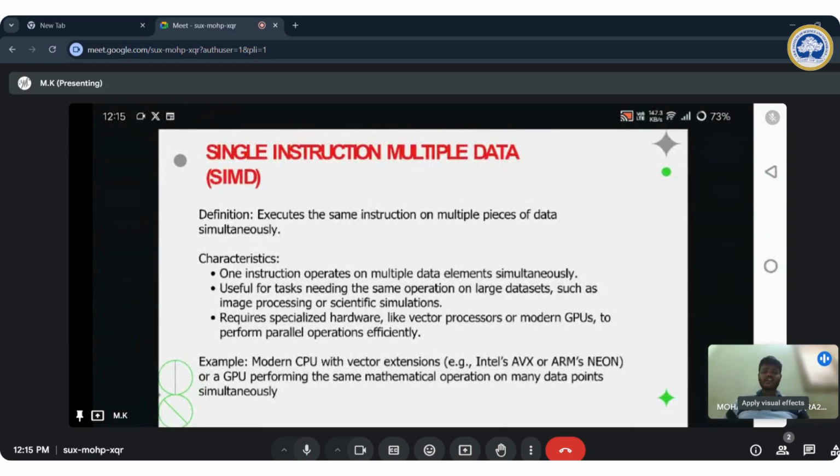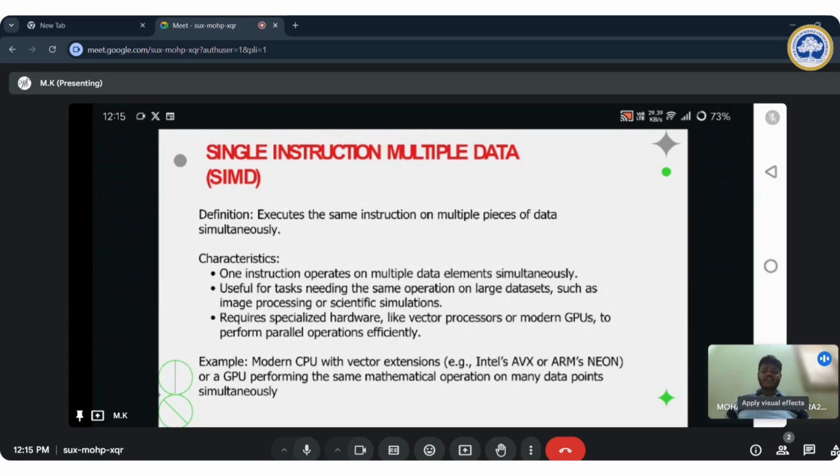SIMD, single instruction multiple data. Definition: executes the same instruction on multiple pieces of data simultaneously. Characterization: one instruction operates on multiple data elements simultaneously. Useful for tasks needing the same operation on large data sets, such as image processing and scientific simulations.